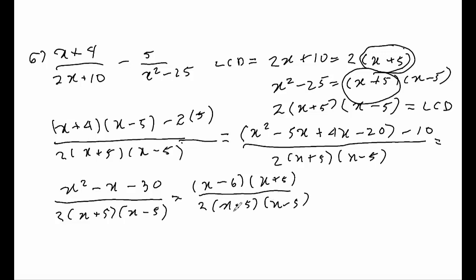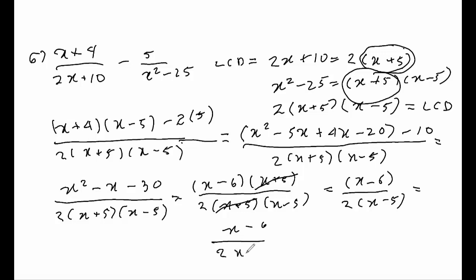And we see that the x plus 5s cancel out, so we're left with x minus 6 over 2 times x minus 5. That's as simple as I'm going to make it for now. We don't have to multiply the two. If you want to, you could write x minus 6 over 2x minus 10, but it doesn't really make much difference.